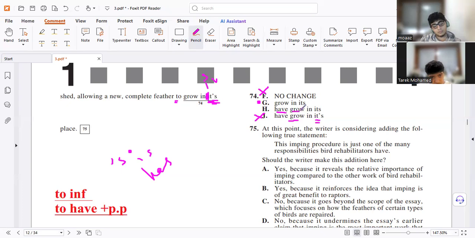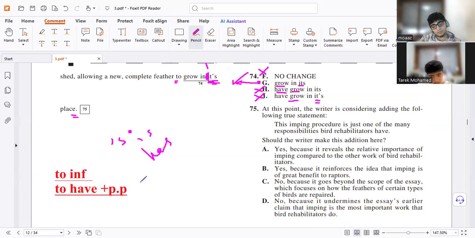Here's another mistake. So one, here the infinitive is correct for two, and it's for position. So it's grammatically correct. That's also a test structure.